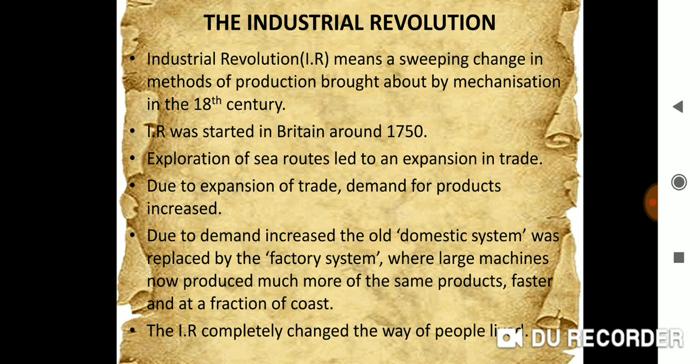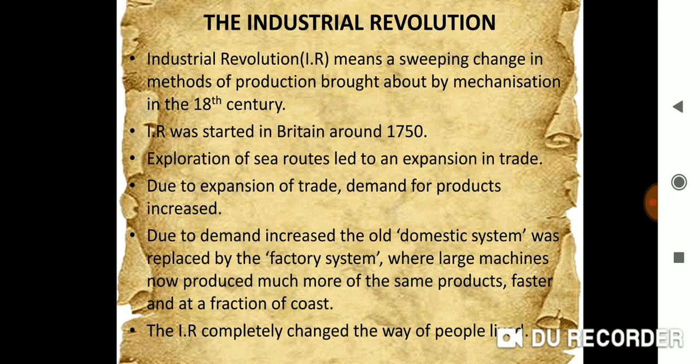And why did expansion of trade happen? Because we have already seen the main features of modernization, the exploration of sea routes. Through the exploration of sea routes, trade expanded, and due to expansion of trade, demand for production increased. So all of you know, England established their colony in India.